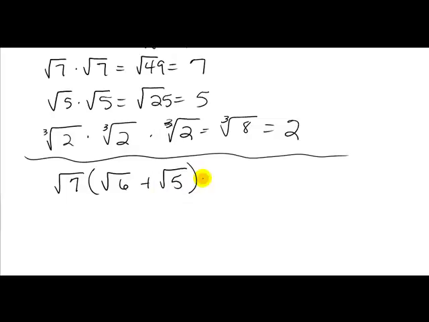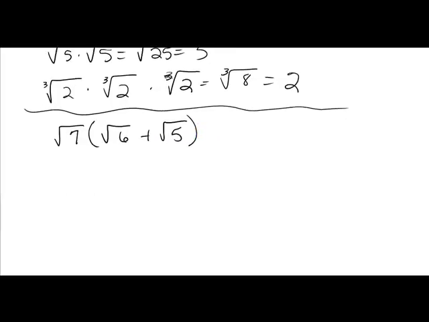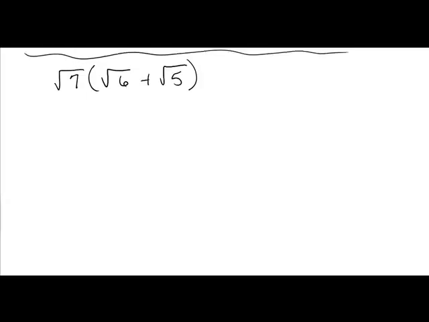Okay, so for our first new problem, everything else has been just reminders of things we've done in the past that will help us with what we're doing new. We're going to distribute. So I'll multiply the square root of 7 times both terms that are inside the parentheses.